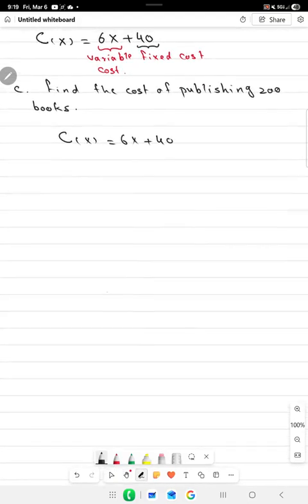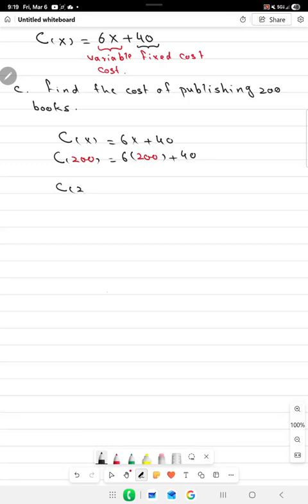Again, going back to the first lecture where we learned how to evaluate a function, here you're looking for C of 200, the cost of 200 books, which will be equal to 6 times, replace x with 200, plus 40.